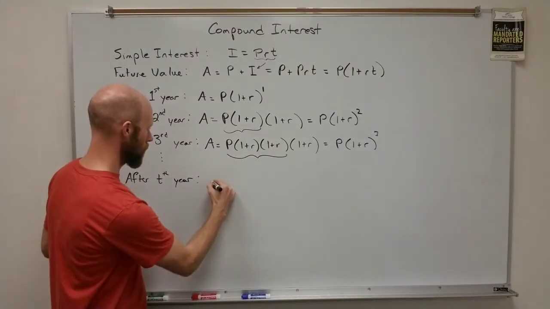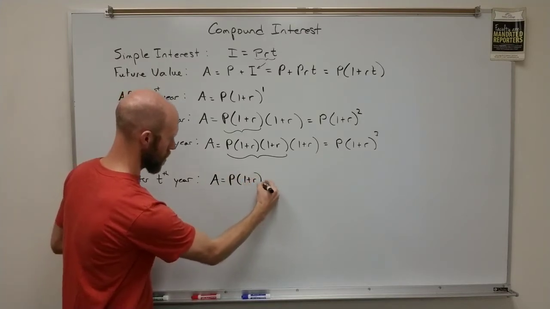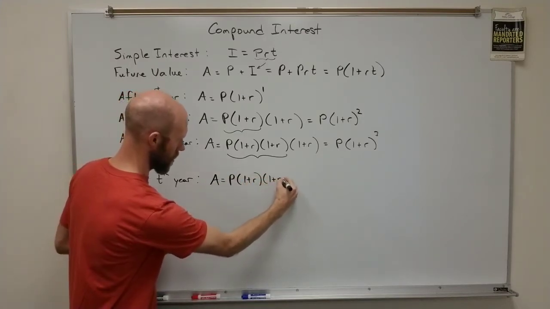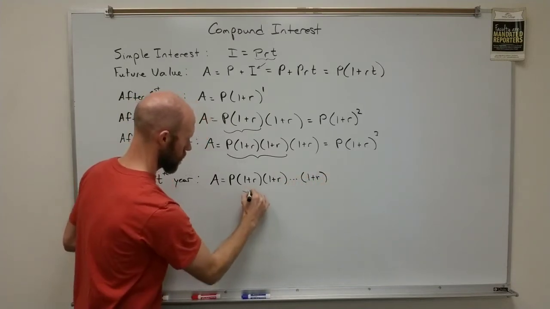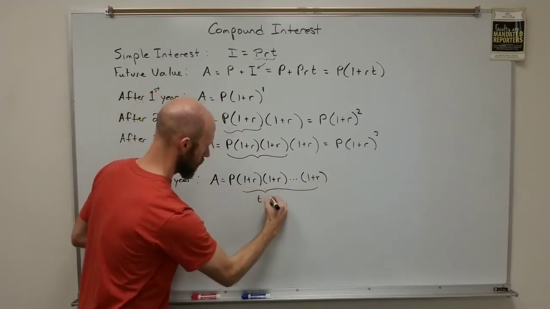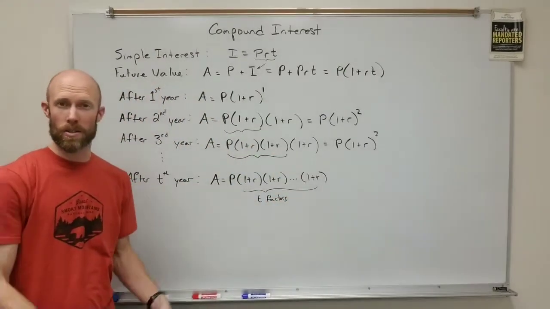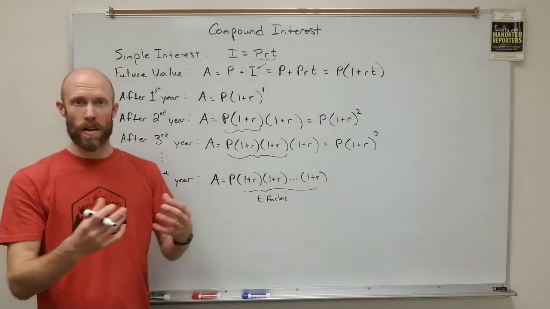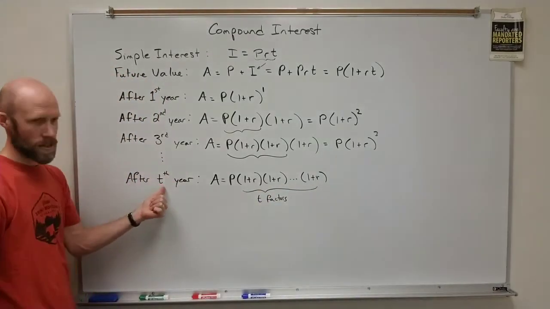Then what you end up with is P times 1 plus R times 1 plus R times 1 plus R, and there would have to be T factors of that 1 plus R, right? You just keep putting a 1 plus R in as a multiplier until you get down to this last year.